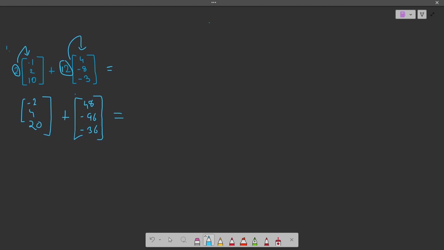And then we just add the corresponding elements together. So this would be 46, 92, -92, and -16.